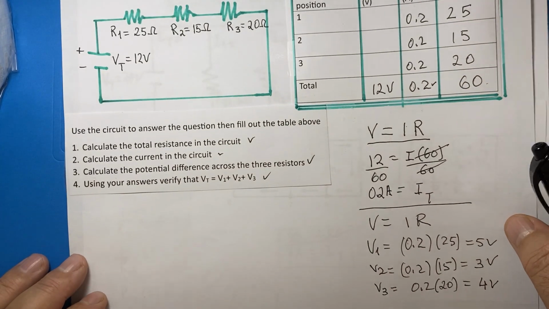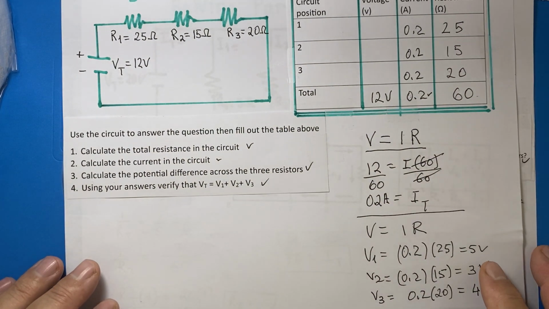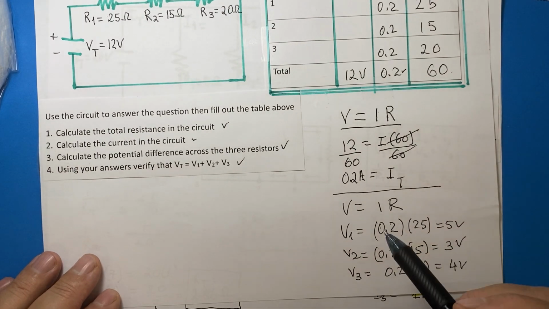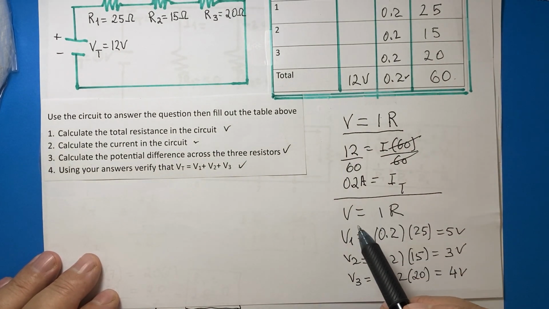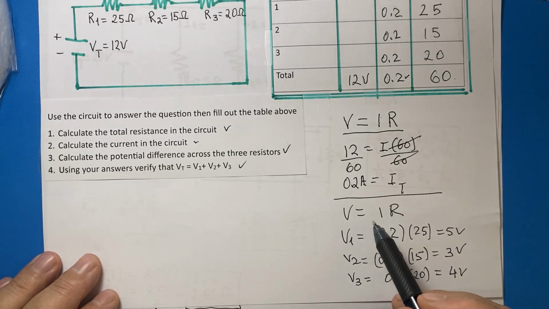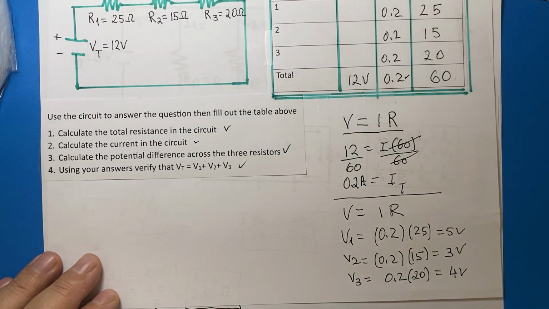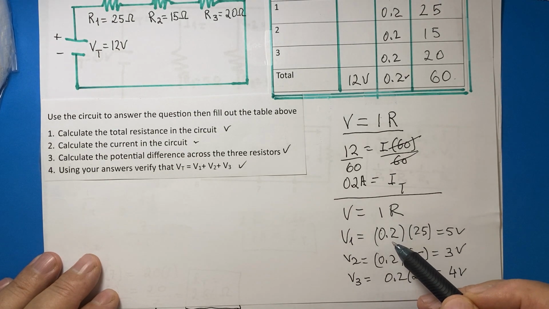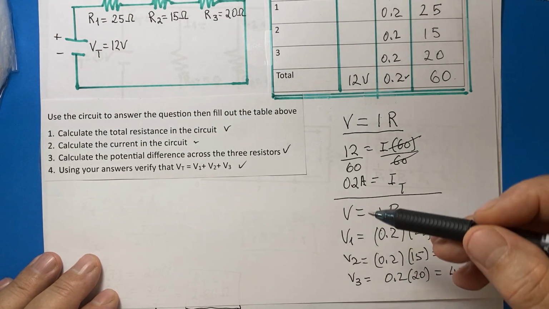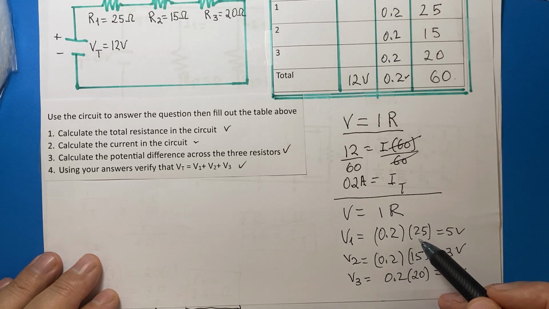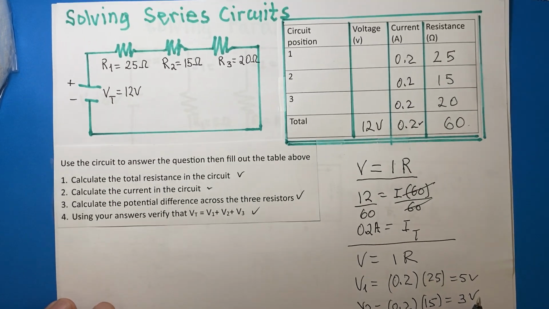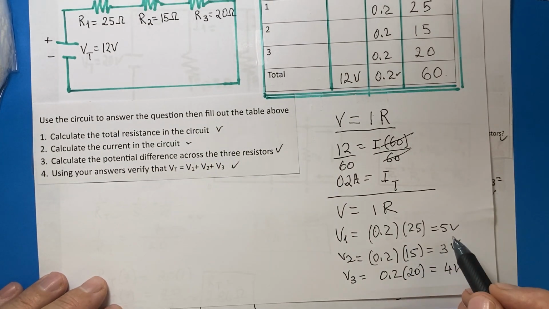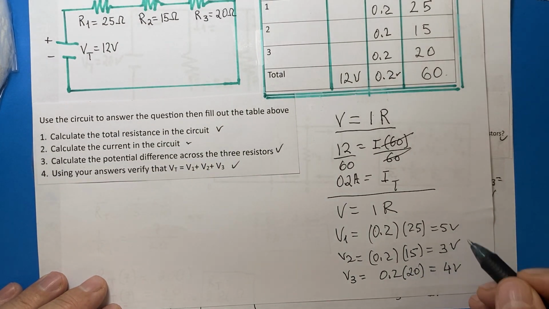Now question 3 is calculate the potential difference across the three resistors. So again, we're using Ohm's law, V equals I times R. V1: current is 0.2, we found that, times 25, which is the resistance for the first resistor. And when you multiply, you get 5 volts.